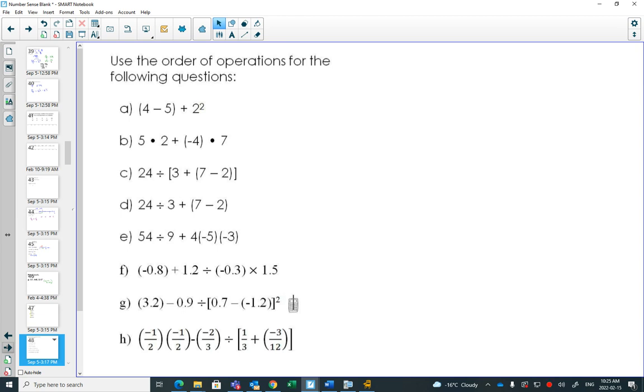Okay. So order of operations and how to show our work as we're doing them. I gave you a little bit more space than I gave myself, which is a good thing. So what you would do is think about BEDMAS.